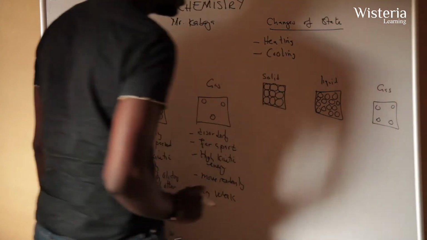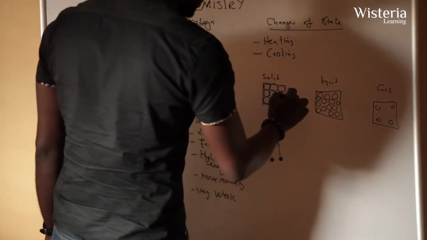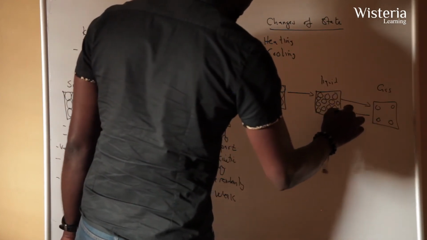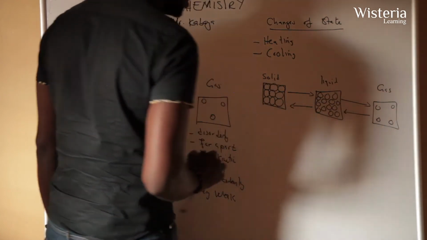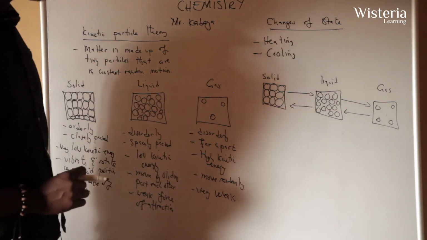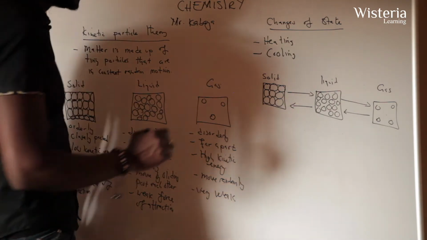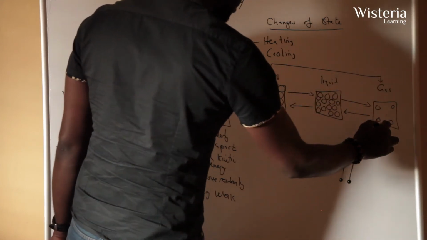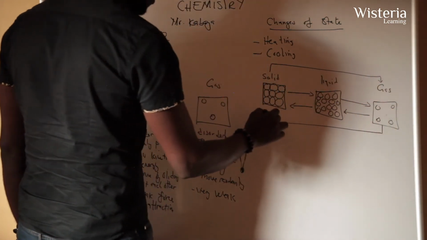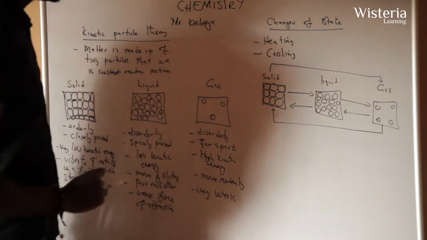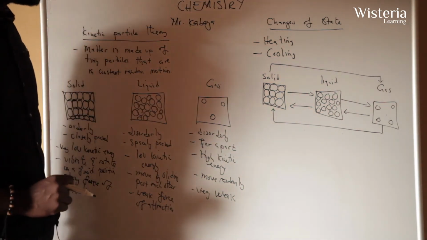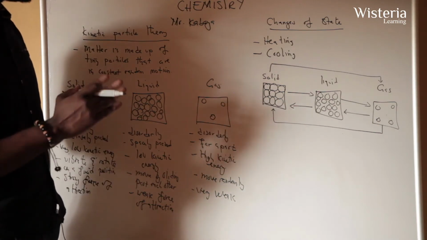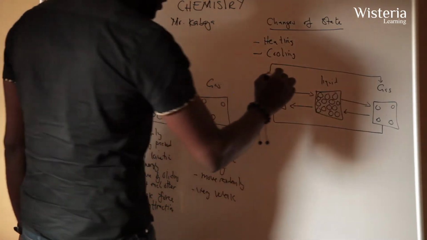So a substance is able to change from a solid to a liquid, a liquid to a gas, a gas to a liquid, and a liquid to a solid. There's also a change of state from a solid to a gas, which is a direct change, and also from a gas to a solid, also a direct change. So the change of state where a solid changes to a liquid is called melting.